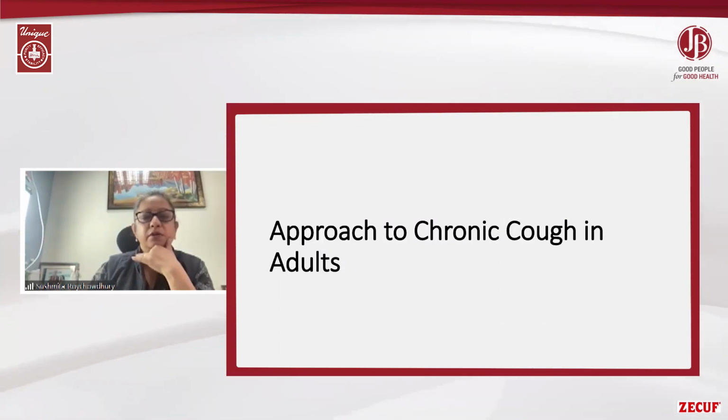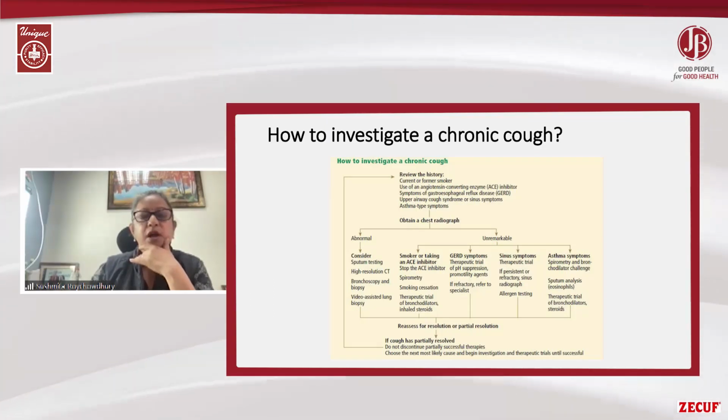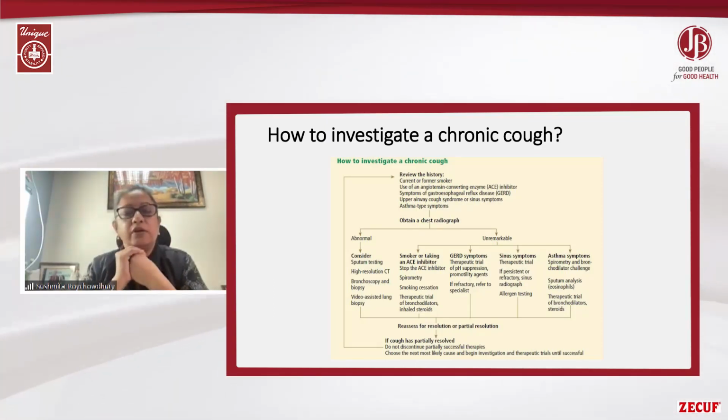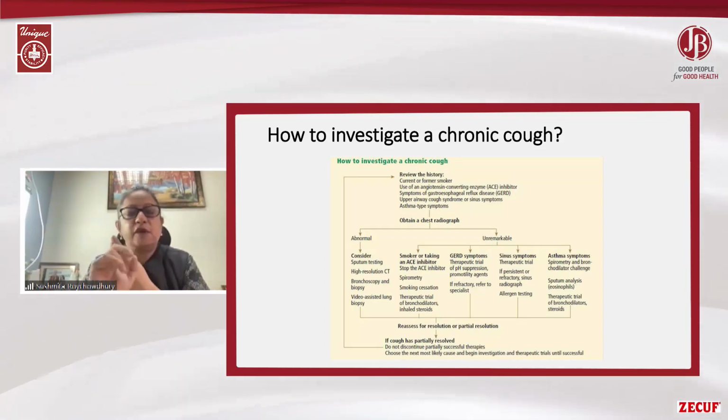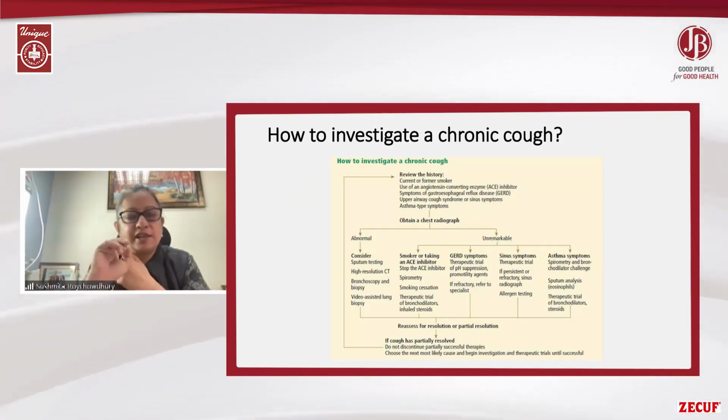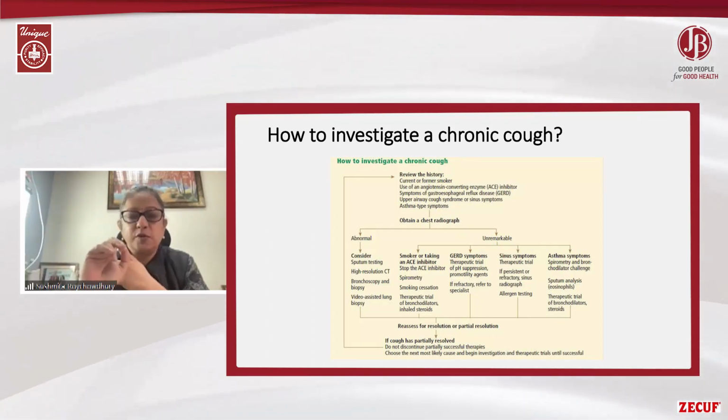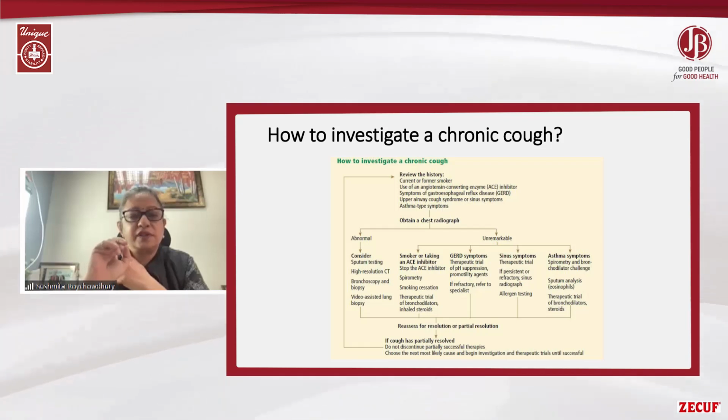Let's first talk about the approach to chronic cough in an adult. So how do you investigate a chronic cough? In a nutshell, you review the history. First of all, find out if there is any identifiable cause for cough. For example, is the patient a current smoker, or is there any history of previous smoking?